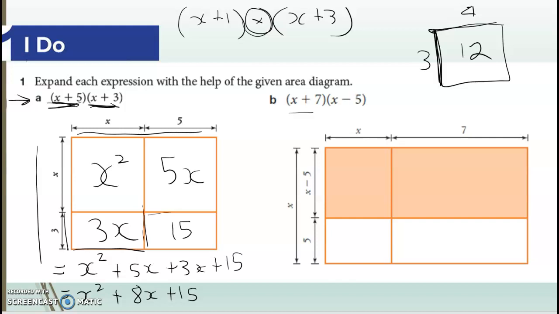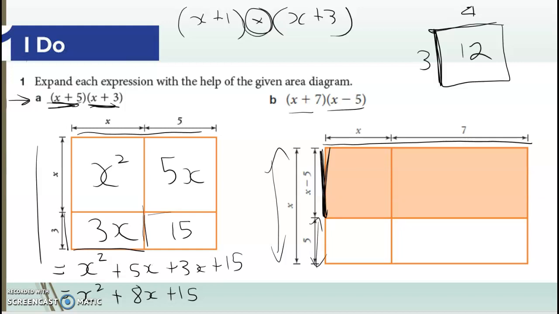You notice we've got x plus 7 and x minus 5. So when I multiply those together, that's represented by the area of x plus 7 by x minus 5, which is the shaded area here. How did I get that x minus 5? Well, if I imagine this whole distance to be x and I took 5 off it, then I'd be left with x minus 5, this distance here.